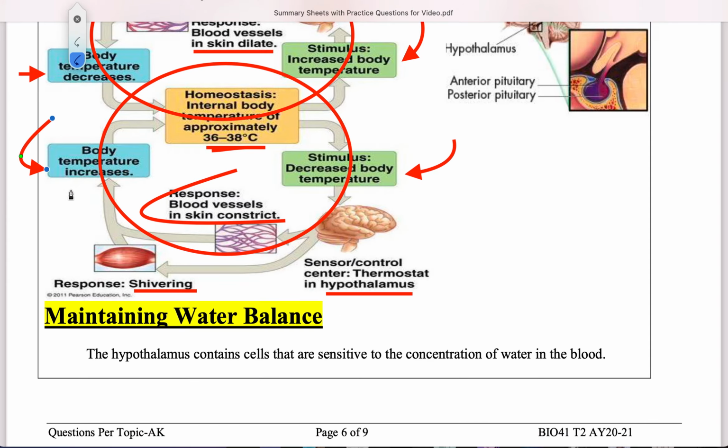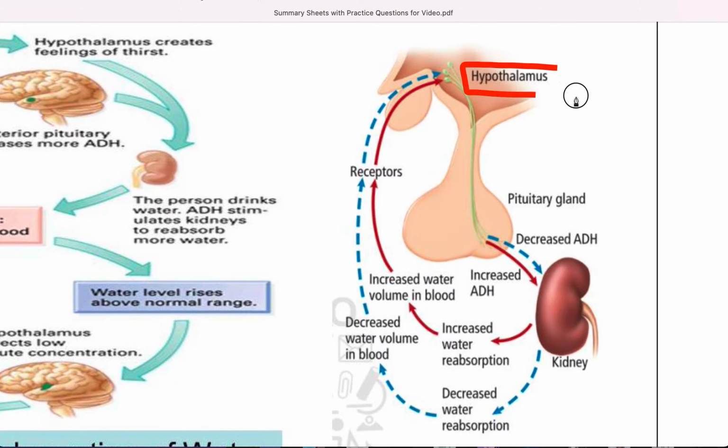Maintaining water balance, it is very important to look into this diagram, how you maintain the water balance. Again, the hypothalamus is involved over here, which receives the message, sends it to the pituitary, and causes the control of ADH. You remember there was adrenaline at the top of each kidney. So this adrenaline basically produces ADH.